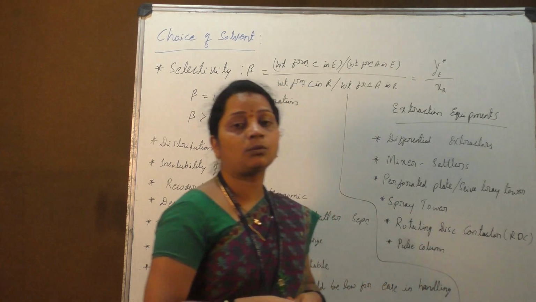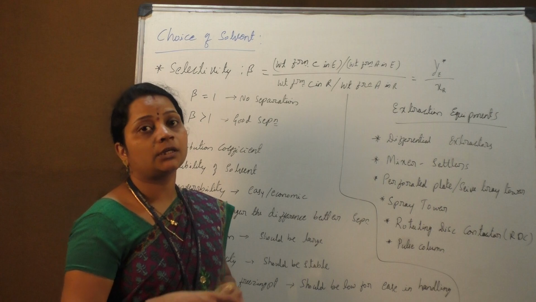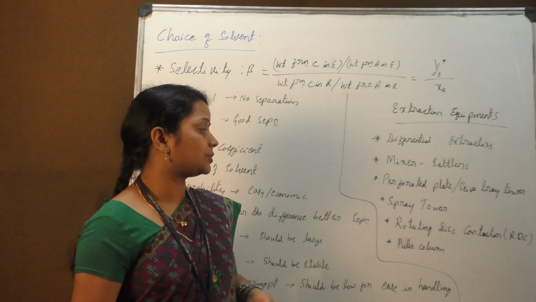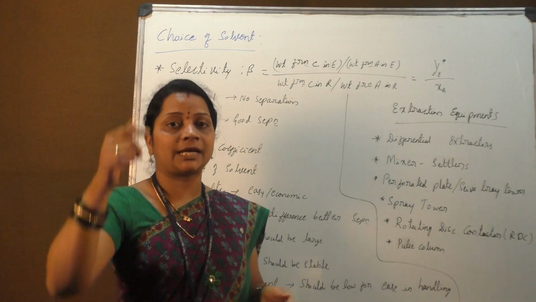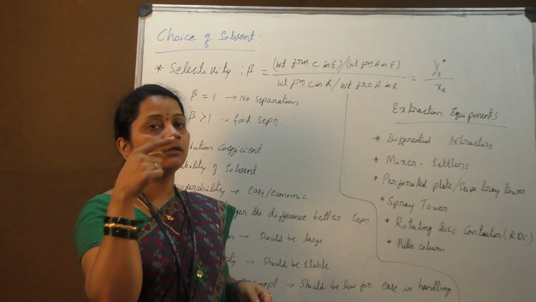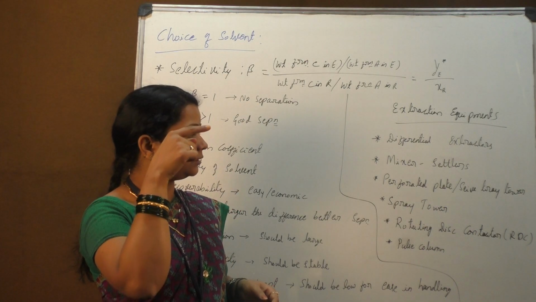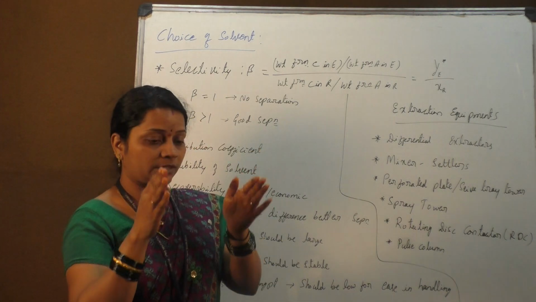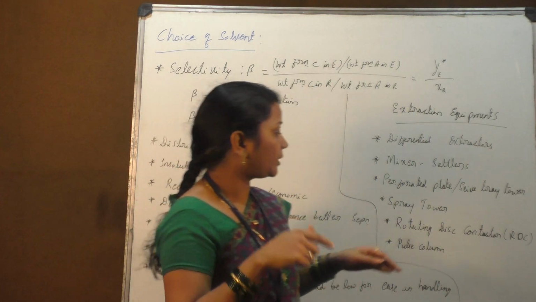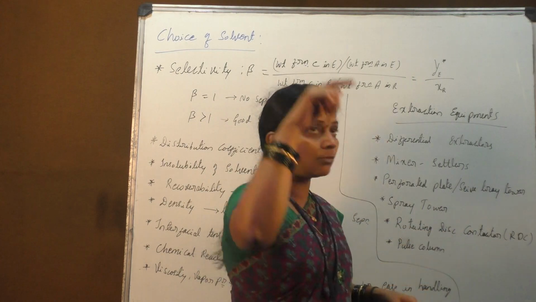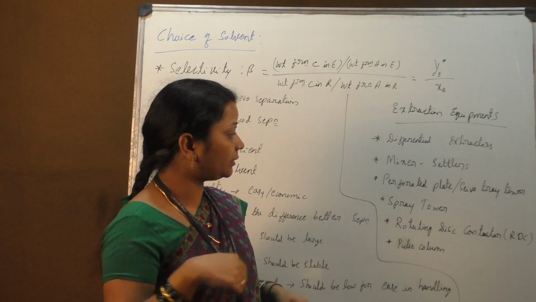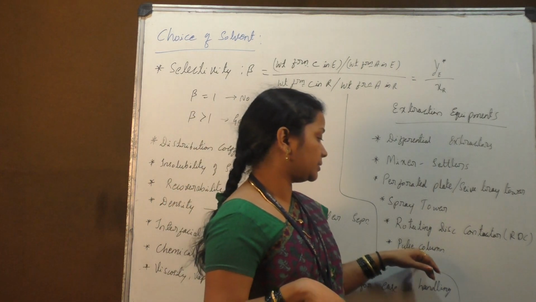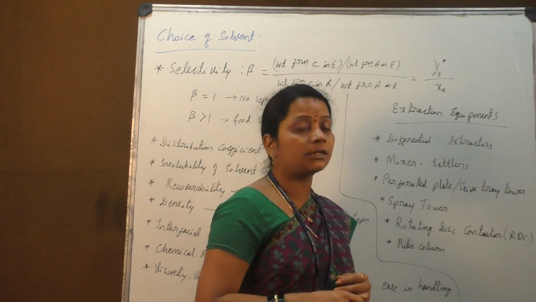This is a newer version of instrument introduced into the industry, where you have a column and an agitator. The shaft has pin-like structures, so individual segments rotate, and the rotating disc is mounted at the center of the column, and that is how the process takes place.